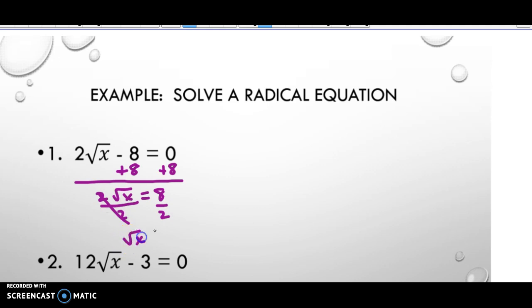That leaves me with radical x equals 4. My next step then is to square both sides. Radical x times radical x gives me x, and 4 squared is 16.